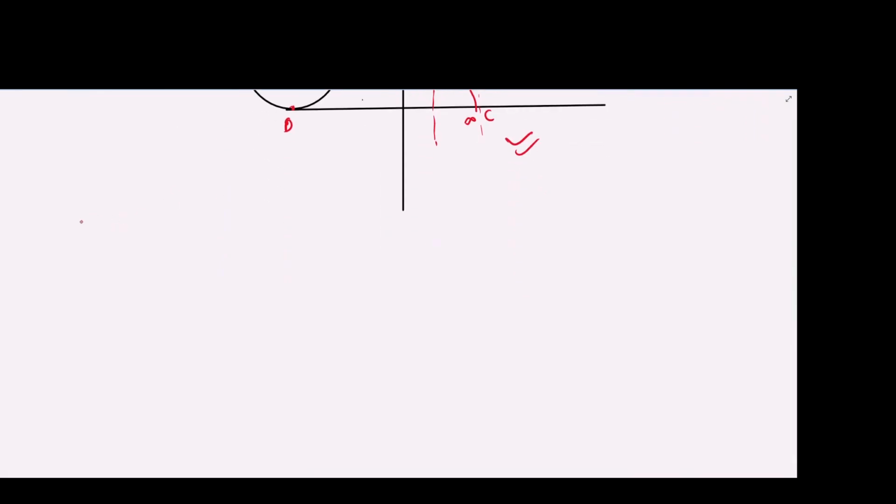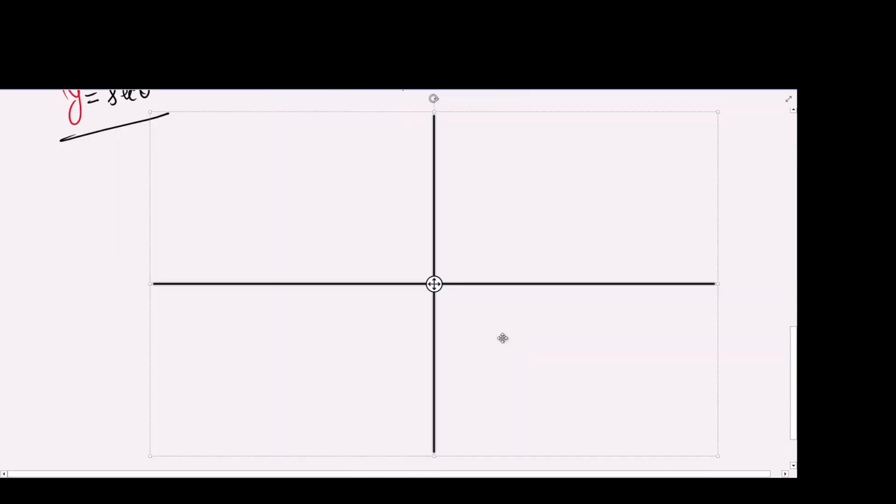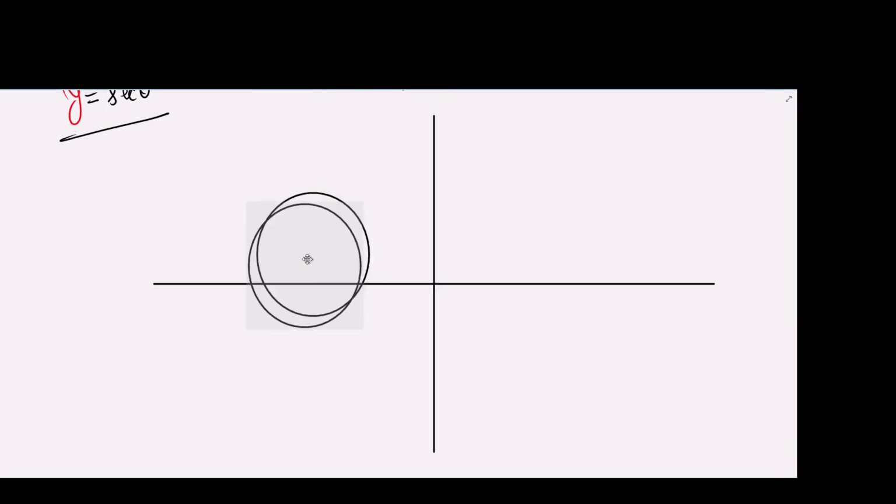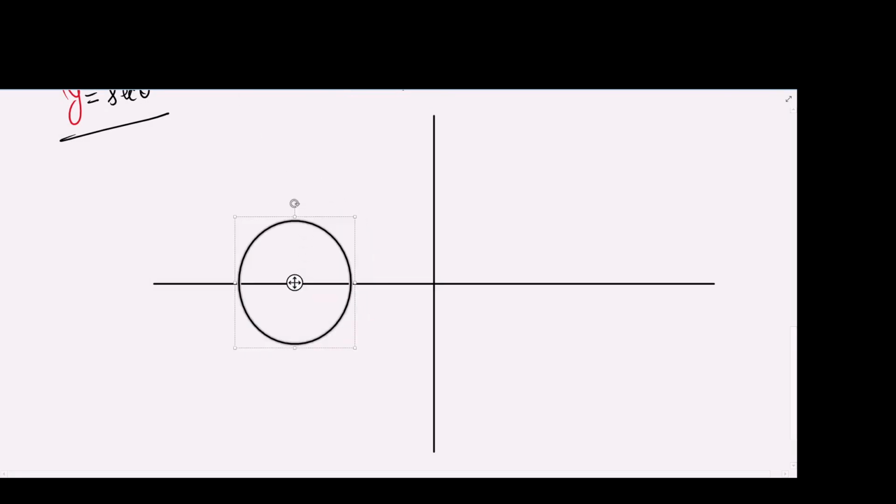Now we have the plot of y equal to sec theta. Again draw this Cartesian system. Draw a vertical line, draw a horizontal line.